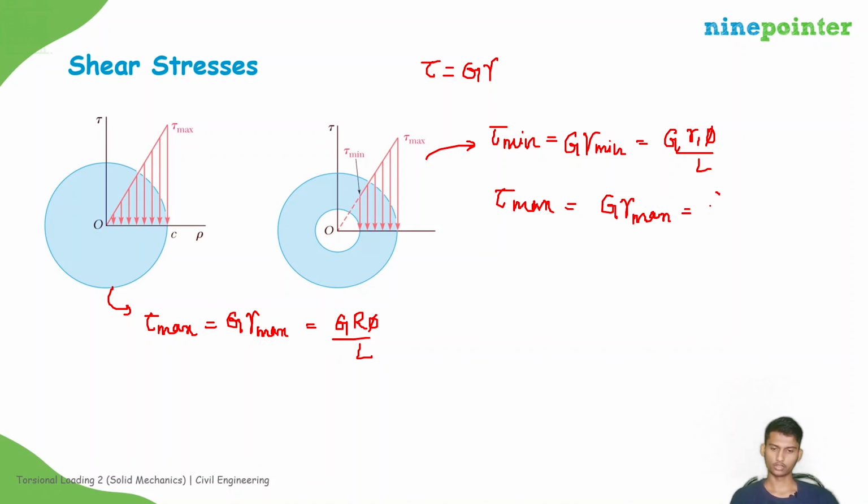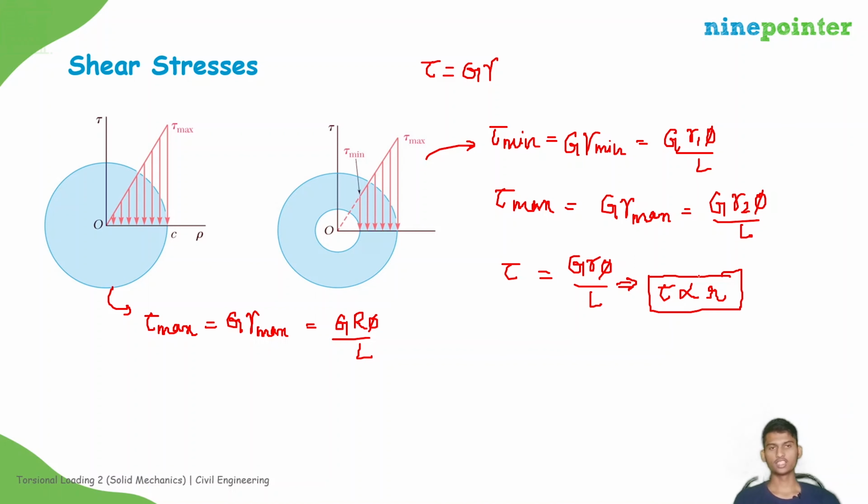So that will be equal to G into R2 into phi divided by L. So if you consider tau at any position, then it will be G into r into phi by L. So this means G, phi, L are constants. So tau is directly proportional to r, right? So it is linearly varying with r. So this is the reason why we draw it linearly.